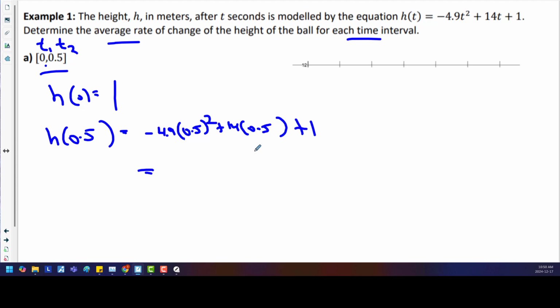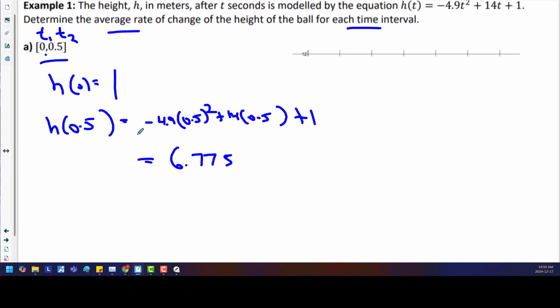And let's see, 0.5 squared is 0.25, then times that by negative 4.9, and plus 14 times a half, which is 7, plus 1. So once you do all that, you should get 6.775.